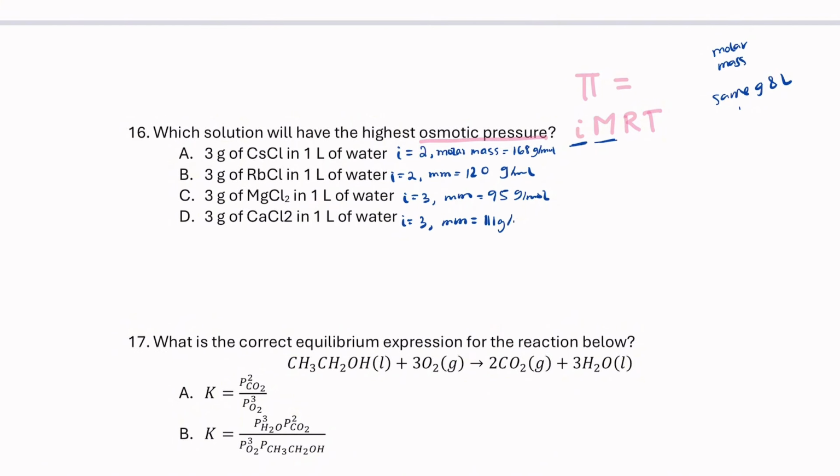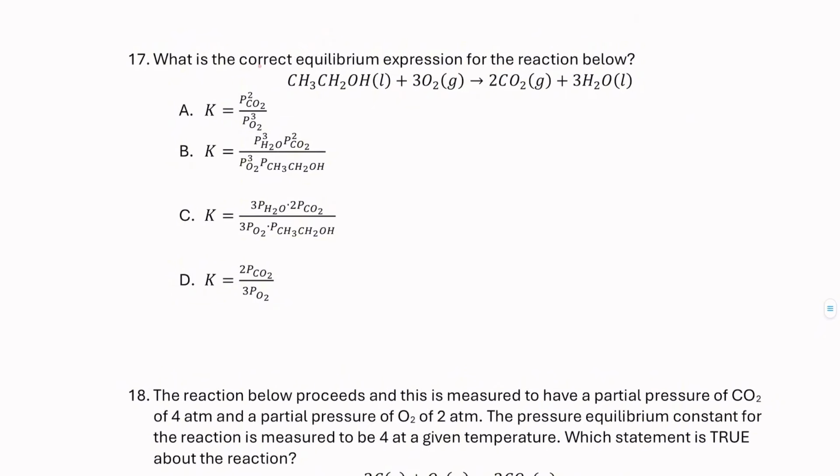Molar mass, though, is larger than magnesium chloride, about 111 grams per mole. So now putting this together, the highest osmotic pressure will come from the solute with the largest I and the smallest molar mass. That combination is magnesium chloride. So the correct answer is C.